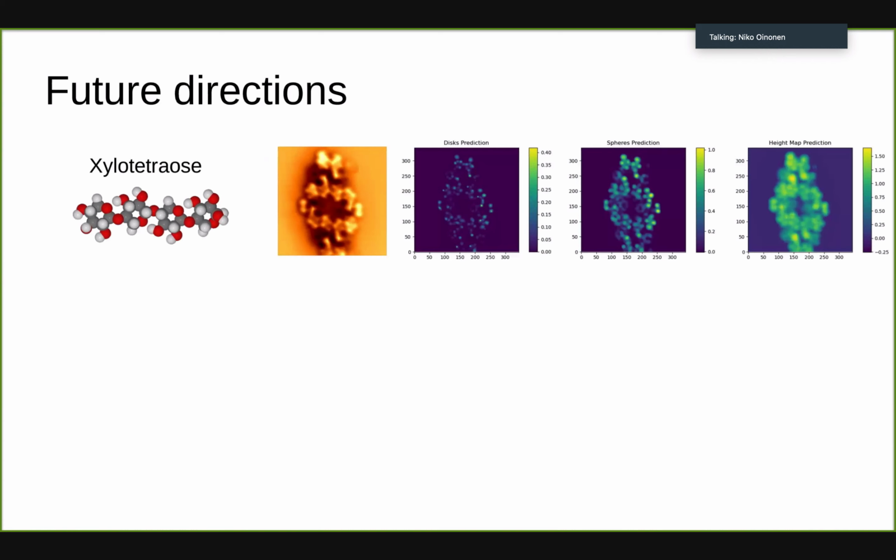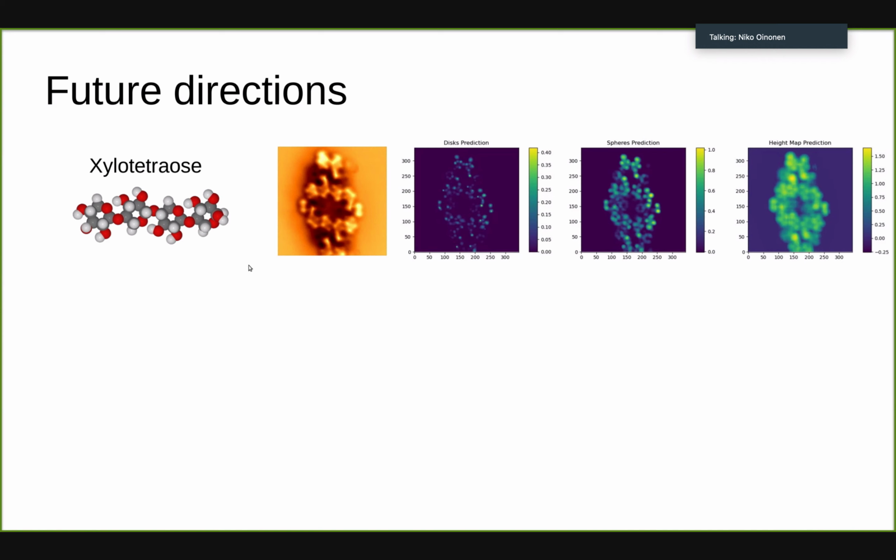Looking at the future directions, in this case we considered fairly simple molecules, and in the future we would want to proceed towards more complicated geometries and cases where we don't exactly know what we're looking at even from the start.